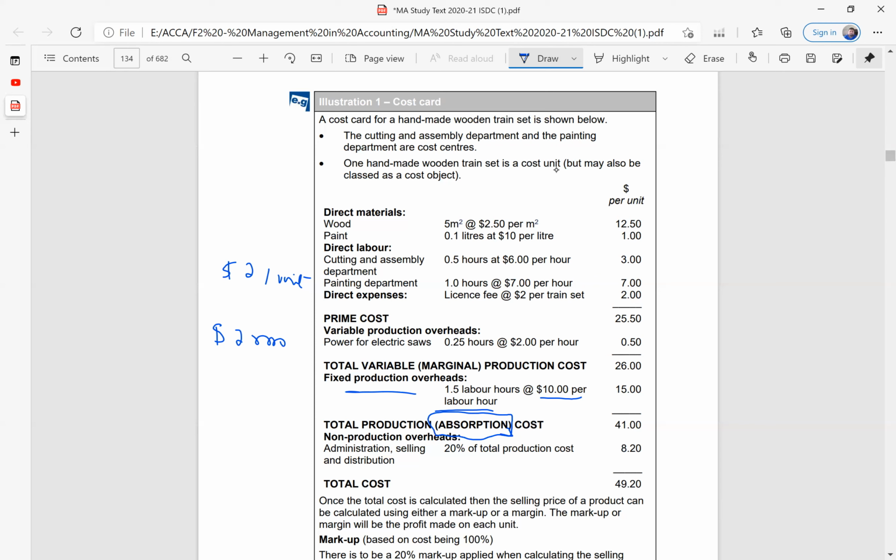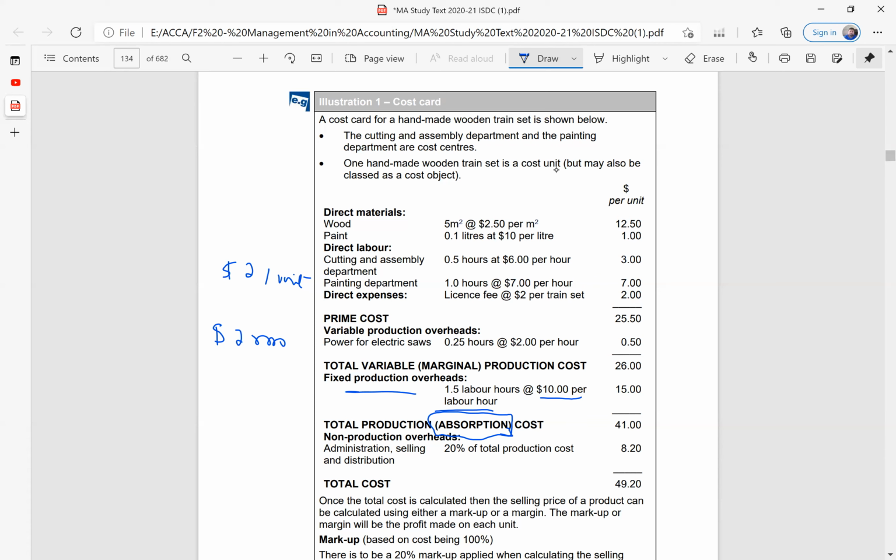Variable is that cost that is going to increase or decrease with the level of activity. Fixed cost is not going to increase or decrease with the level of activity; it remains constant. So absorption says do include fixed overheads plus variable overheads when you are computing the cost per unit.